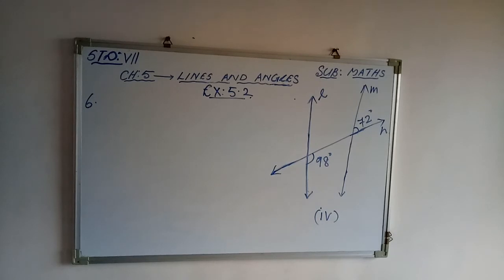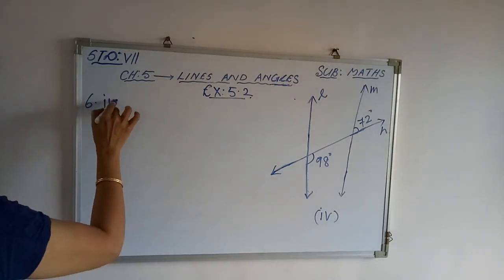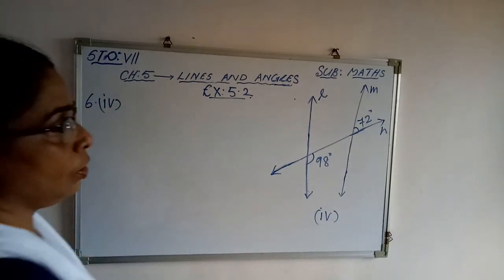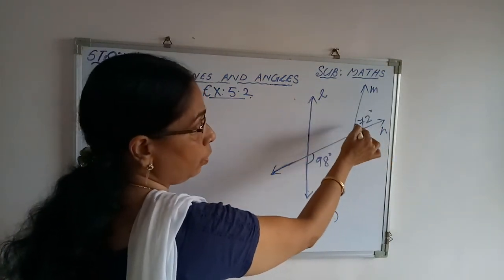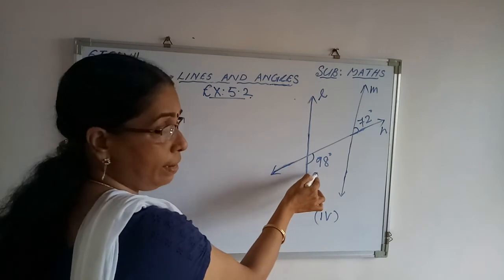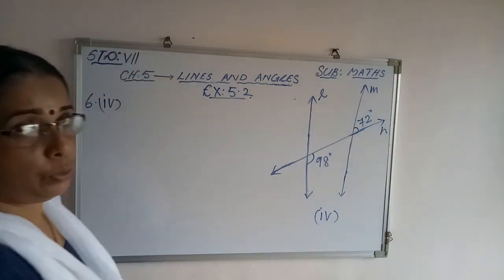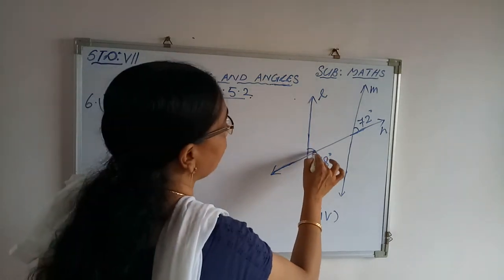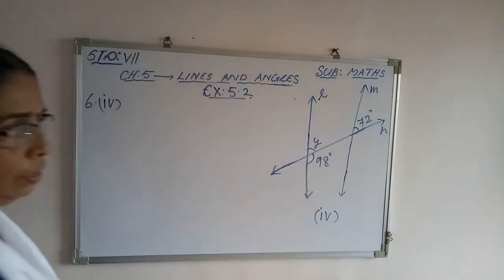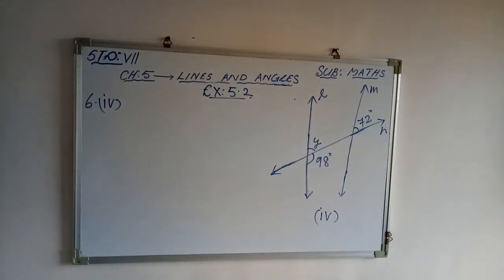Now see the fourth one. There are two lines given, L and M. The transversal it is N. Two angles are marked, one 98 degree and the other 72 degree. See, I am going to mark one angle here, let it be Y. Now you can see angle Y and 98 degree, it forms a linear pair.